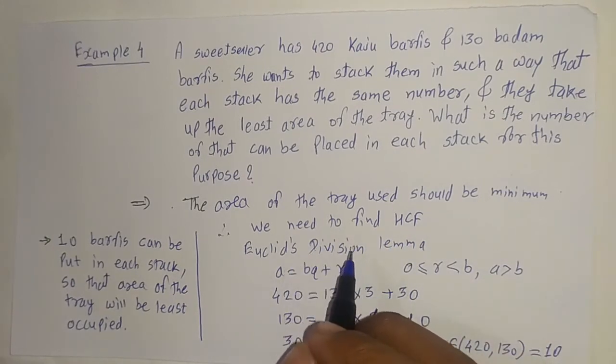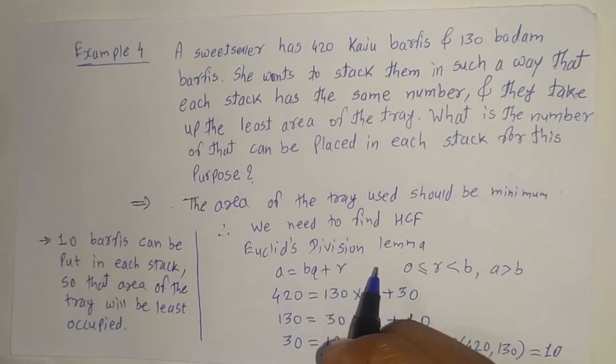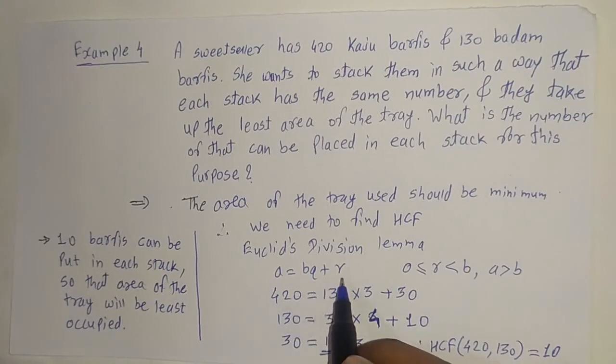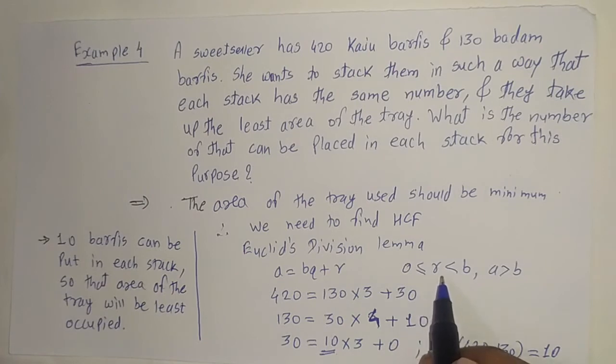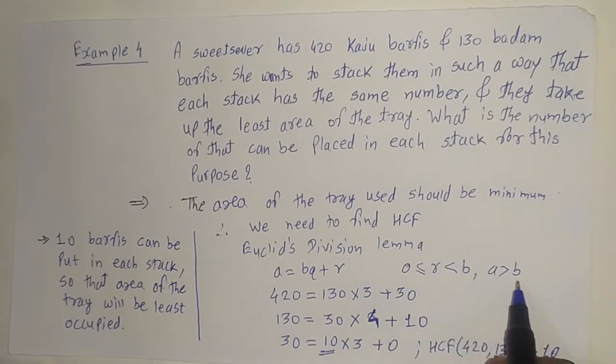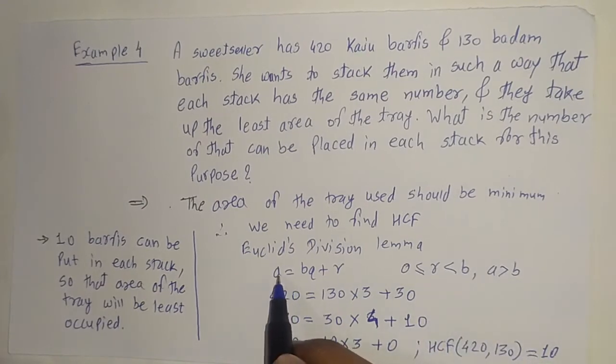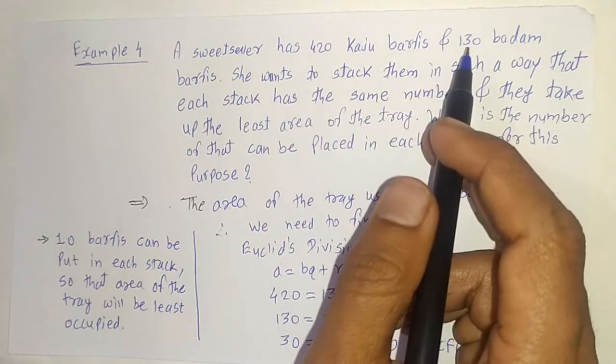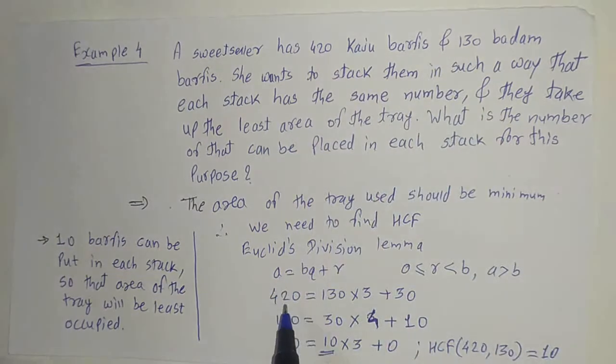So how to find the HCF? We have Euclid's division lemma to find the HCF quickly. So first write down Euclid's division lemma: a = bq + r, 0 ≤ r < b, a is greater than b. So what are the values of a and b? The number of burfis: 420 will be a, 130 will be b.